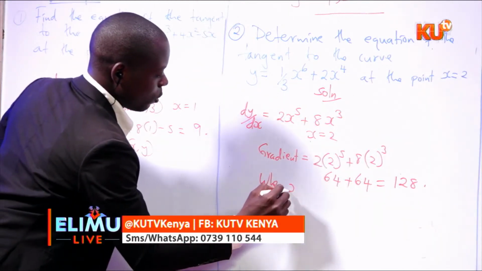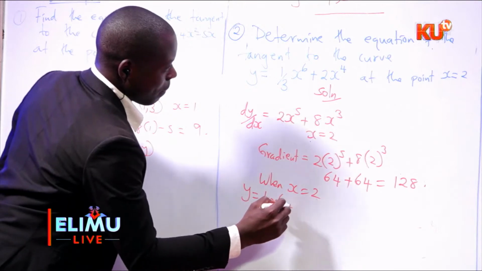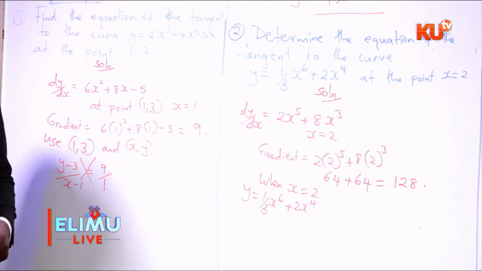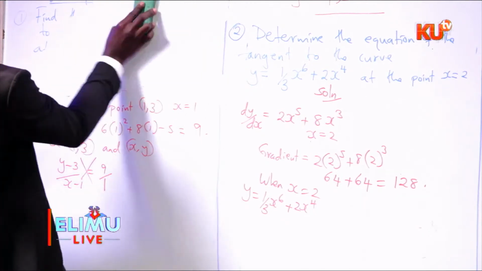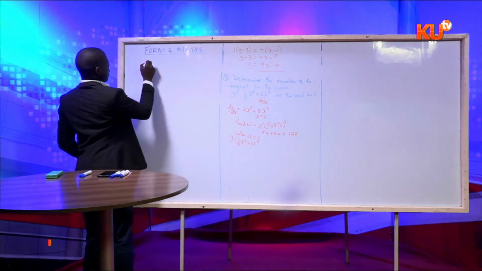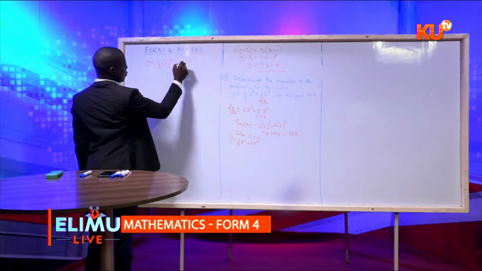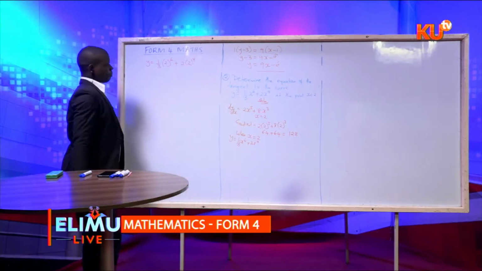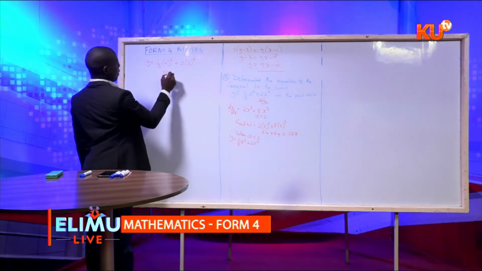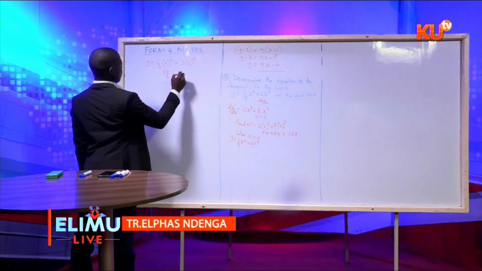Our gradient is 128. Now, we go back to x is 2. When x is 2, what is y? y is a third x power 6 plus 2x power 4. So we replace in the value of x as 2 so that we are able to obtain the value for y. So y will be equal to 1 over 3 into 2 power 6 plus 2 into 2 power 4. 2 power 6 is 64, so we have 64 over 3 plus 2 power 4 is 16 times 2, that is 32 over 1.